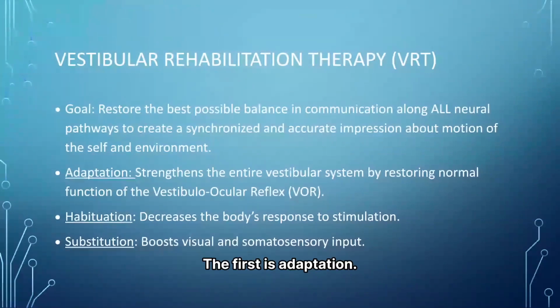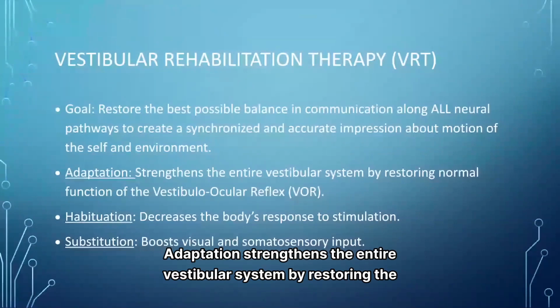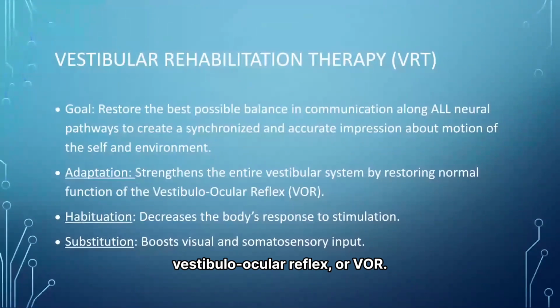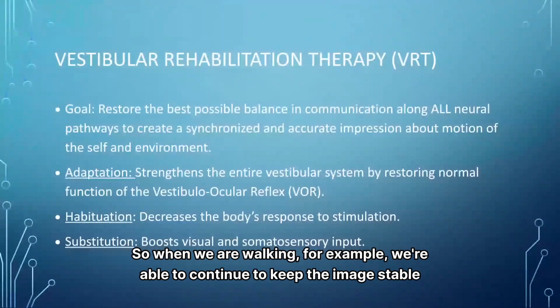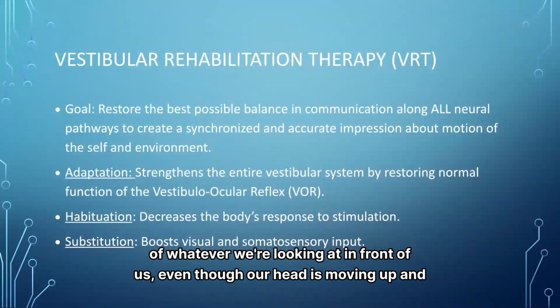The first is adaptation. Adaptation strengthens the entire vestibular system by restoring the vestibulo-ocular reflex, or VOR. It is responsible for keeping the image stable when our head moves. So when we are walking, for example, we're able to continue to keep the image stable of whatever we're looking at in front of us, even though our head is moving up and down.